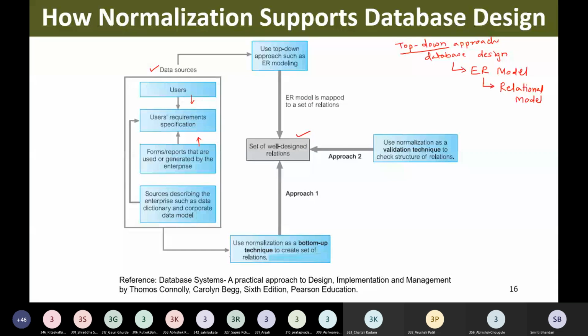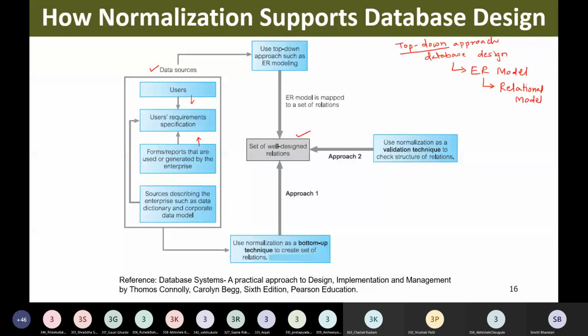Now, the other approach is known as the bottom-up approach. So what do we do in the bottom-up approach? In the bottom-up approach, we do not go for ER modeling. Instead, we make use of all the attributes together.